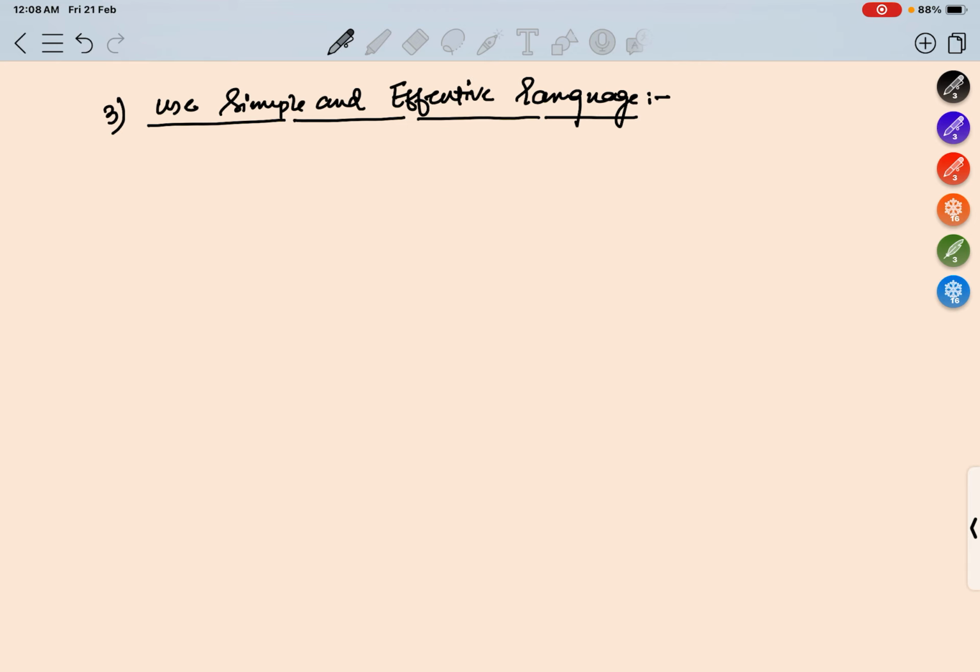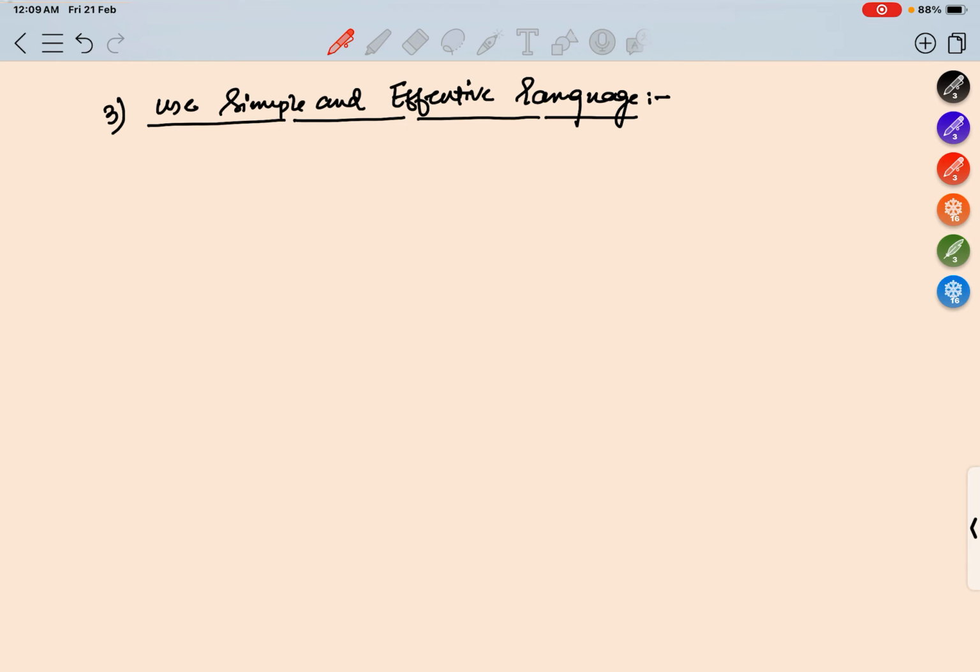Sometimes, to explain one thing we write a sentence or two, but it can be written in one word only, because we don't know that particular word. That's why we extend it by writing sentences. In that case you will waste your time and your word limit. So for that you have to use effective, simple language.